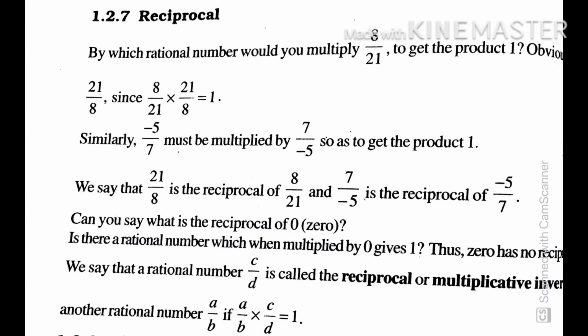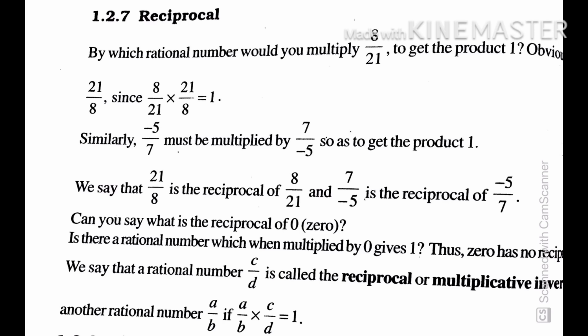Now children, we are going to learn about reciprocal. Now by which rational number would you multiply 8 by 21 to get the product 1? Obviously by 21 by 8, since 8 by 21 into 21 by 8 is equal to 1. Now similarly, minus 5 by 7 must be multiplied by 7 by minus 5 so as to get the product 1.